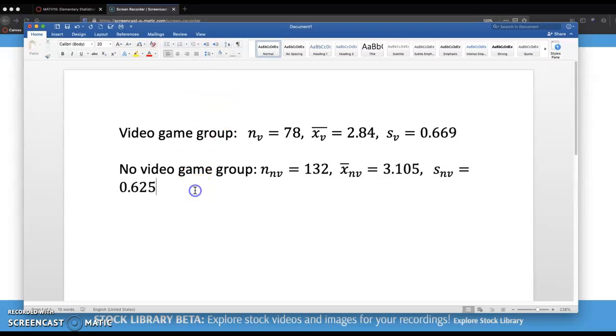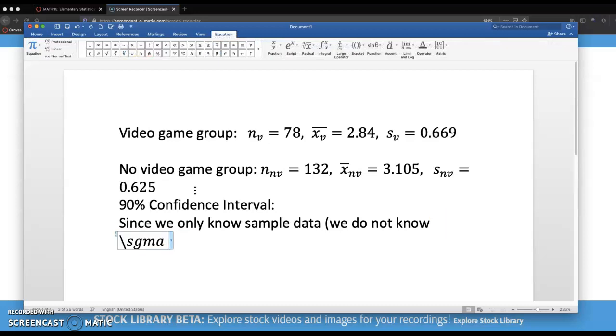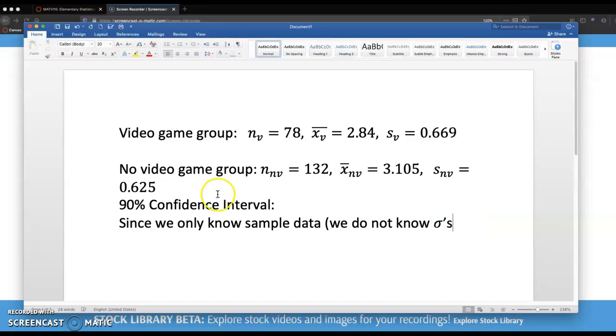All right, so then putting this together, we want a 90% confidence interval. I want to make a note, since we only know sample data, in parentheses, we do not know the population. We do not know any of the population standard deviations.